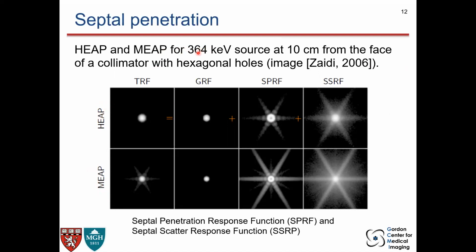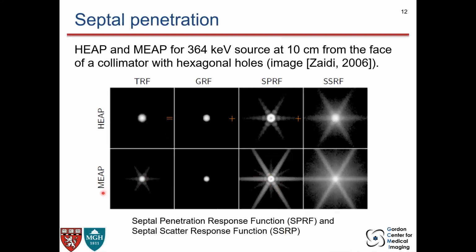And obviously, if you use the same collimator wall length that you use for 140 kilo electron volt gamma rays, technetium-based isotopes, then you will have a lot of penetration through the septal thickness, and the gamma rays can easily pass through and interact with the detector, and then you will get these artifacts.